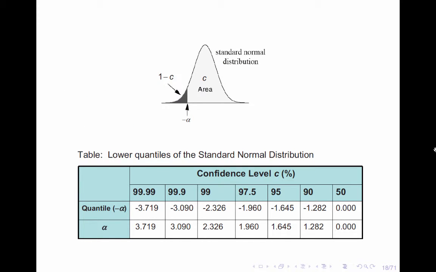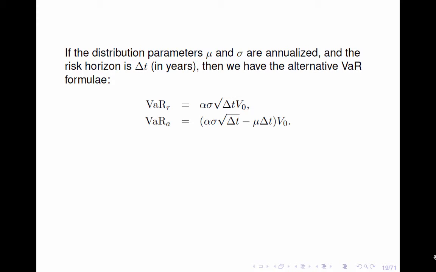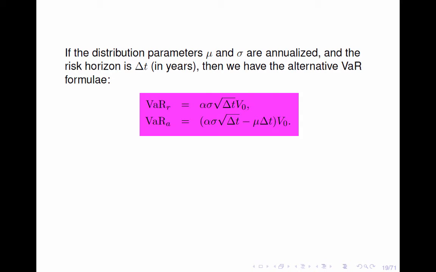We list the several frequently used lower quantiles of the standard normal distribution in the following table. If the distribution parameters mu and sigma are annualized, and the risk horizon is delta t, given in years, then the relative VAR and the absolute VAR can be calculated respectively by the following formula.